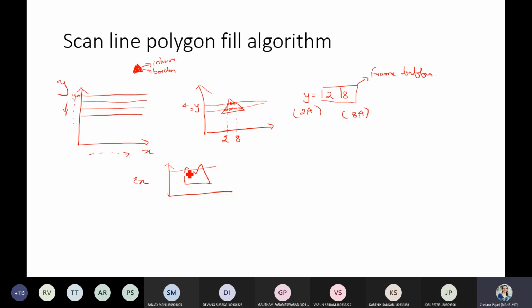In this case we have intersection points 1, 2, 3 and 4. 4 intersection points. So let's say here its value is 2 and here my x value is 4. In this case it is 8. Here it is 8 because it's not intersected. So then it is 12. Fine.